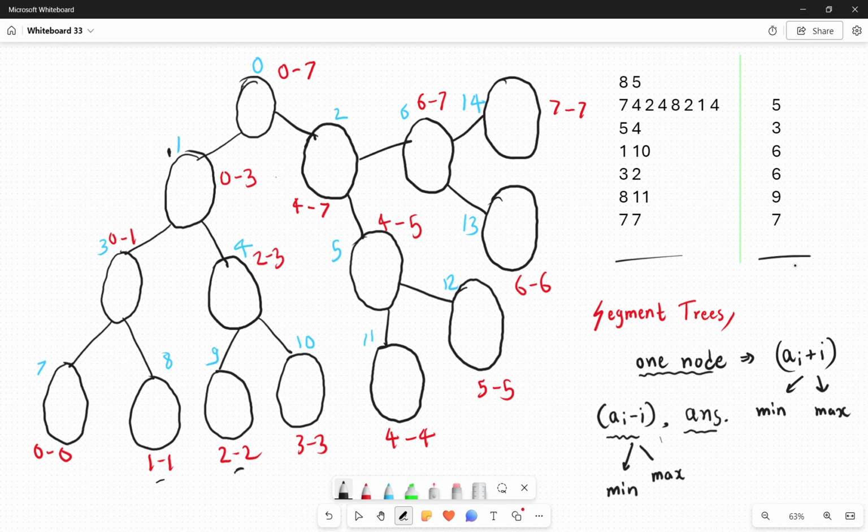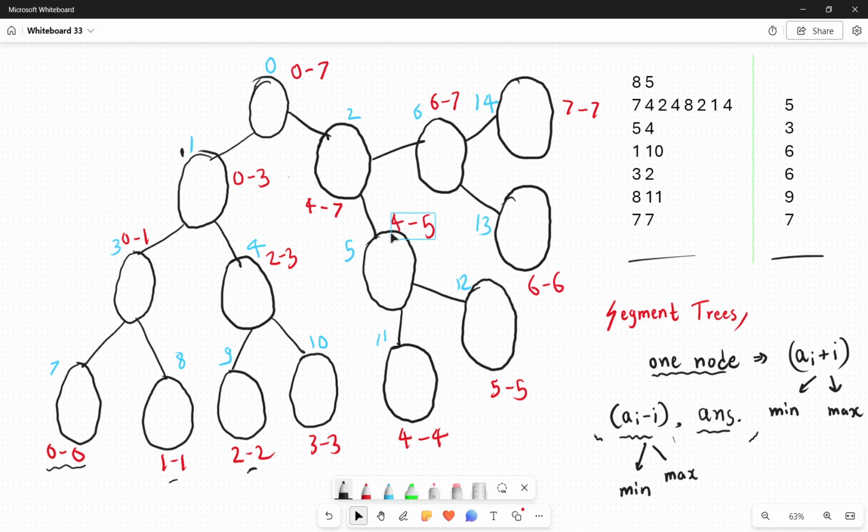So let's start building our segment tree. At 0 comma 0, the array elements will be there, so you can say the base elements. We generally use zero-based indexing in segment trees, but we have to make sure that while assigning the values to the nodes, we consider one-based indexing in the array.